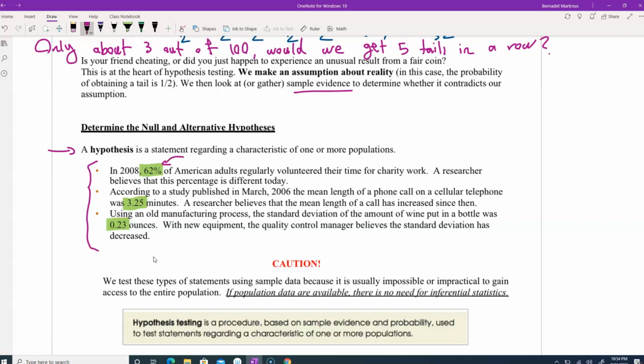This one was p hat, the sample proportion. Here we have the mean. The sample proportion in the first one is equal to 62%. For the second, the mean is 3.25, and here the standard deviation is equal to 0.23.